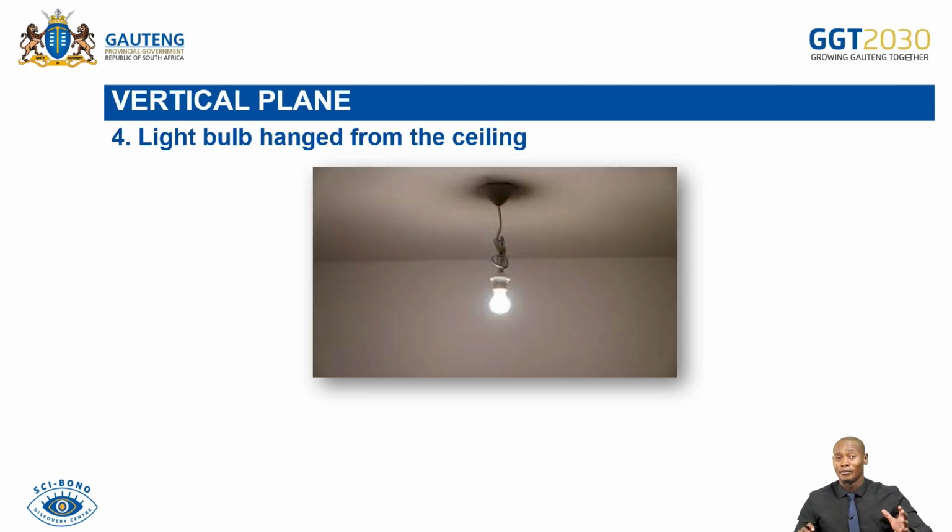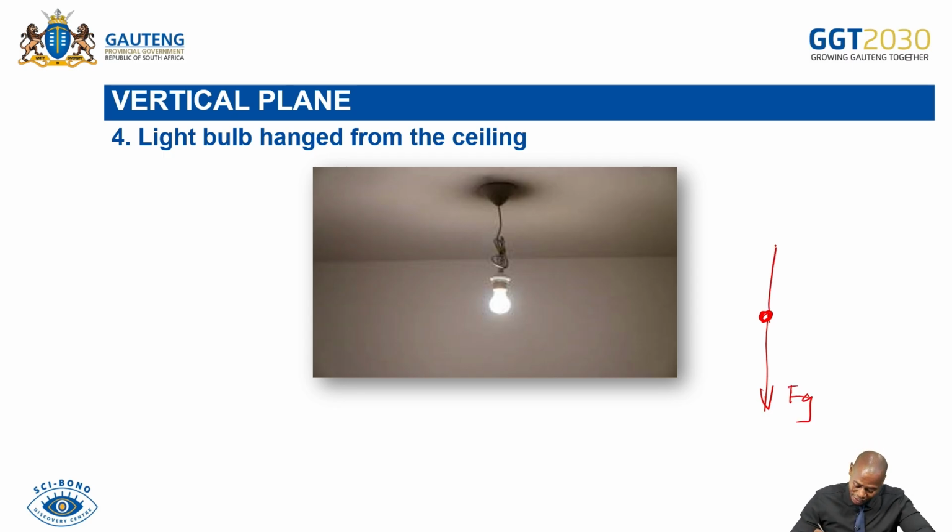Right. So we have focused on the horizontal plane. Now let's focus on the vertical plane. Here we are having a light bulb hanged from the ceiling. So if it's hanged, right, it's not moving, right? So what are we having here as our free body diagram? You have your Fg. Remember, it's a non-contact force, this one.